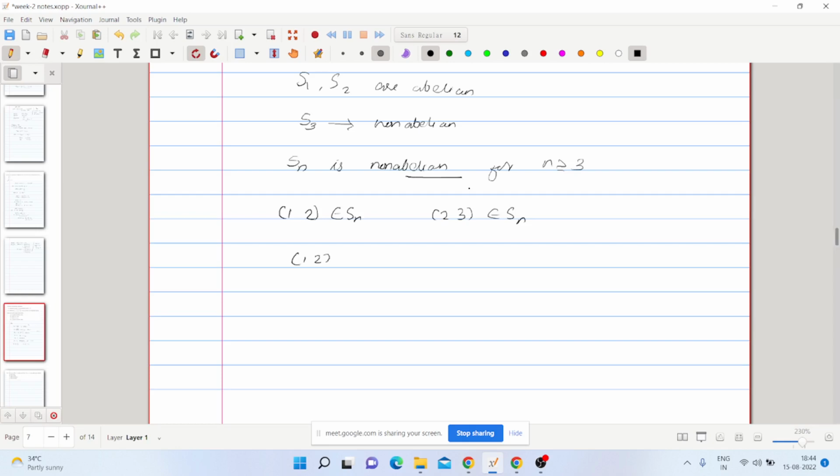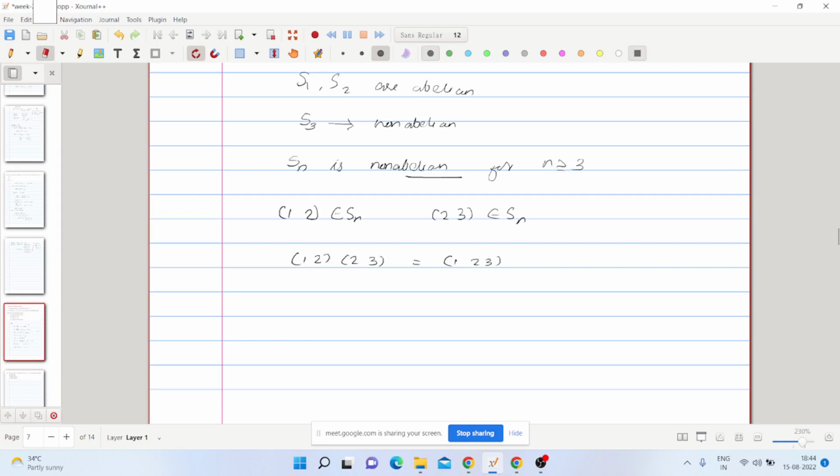So what will be (1 2)(2 3)? The answer may change according to how we take the order. If we consider one order first, we get one answer; if we take the other first, we get another element.